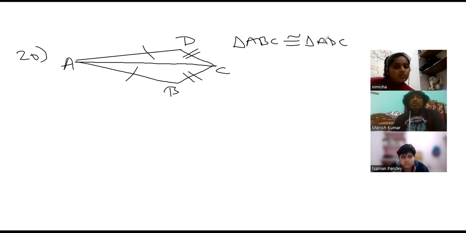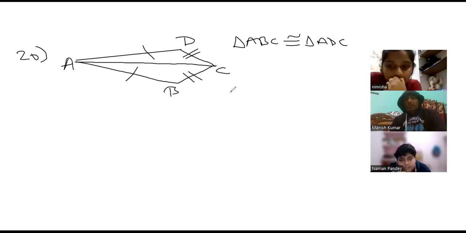Dhruv, what is your answer? Are they congruent? How can they be congruent, sir? There is no third side, sir. There is a third side that is common among both. So that means that is equal.